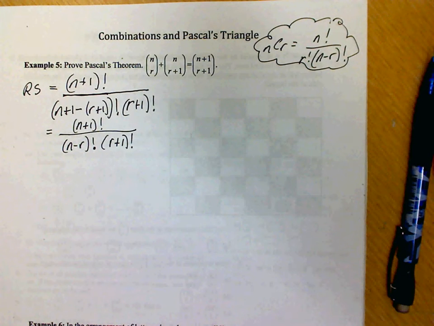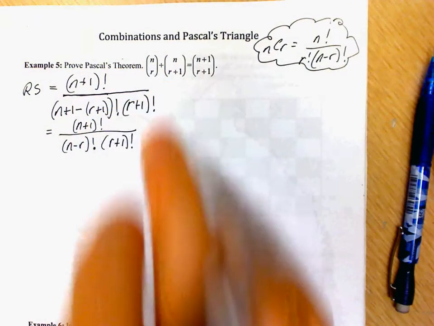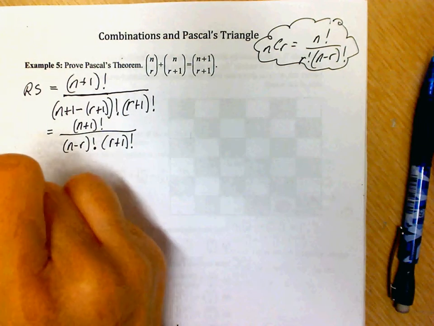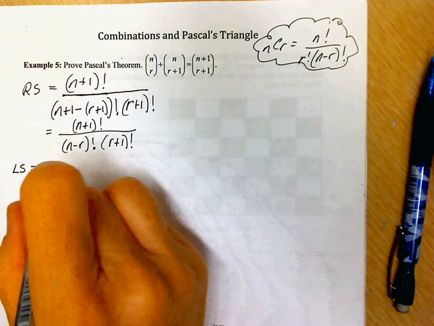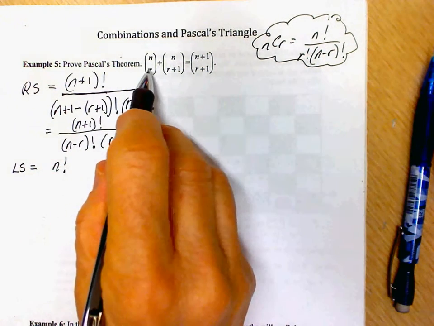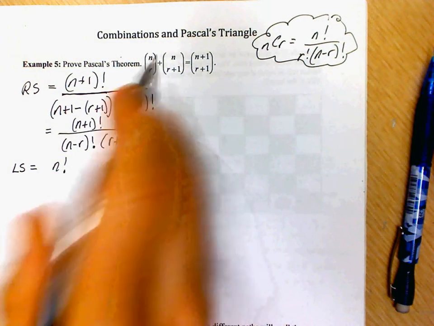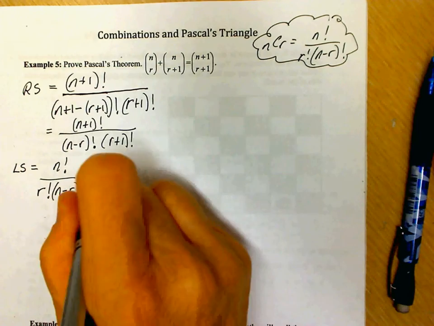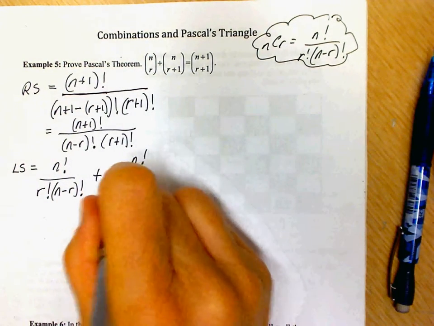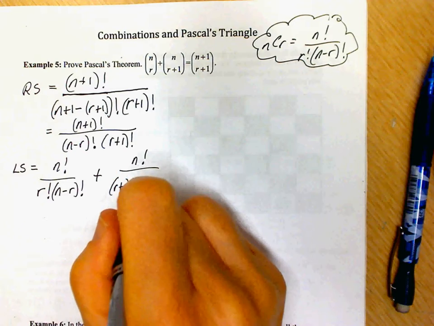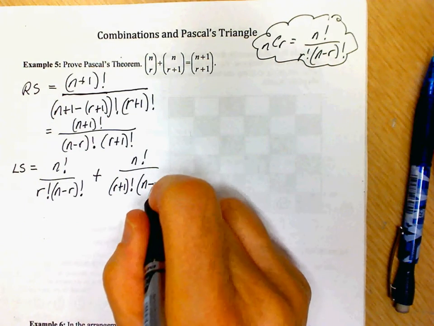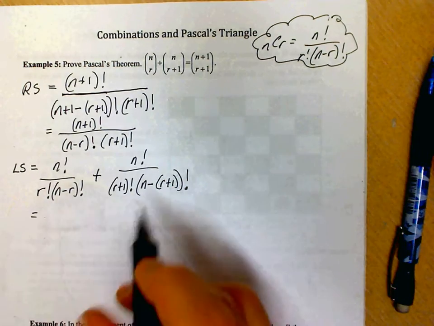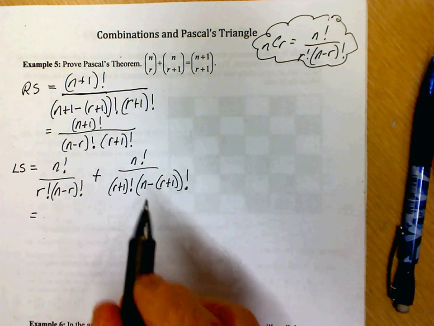Now let's work with the left-hand side. That's where the bulk of the work is. Left side equals n factorial over r factorial, n minus r factorial, plus n factorial over r plus 1 factorial times n minus r minus 1 factorial.